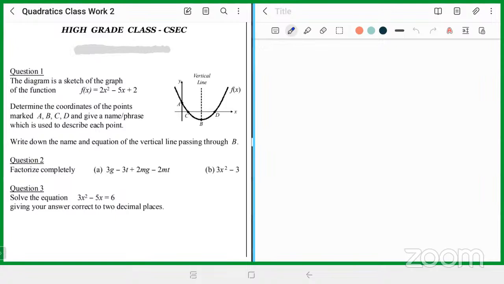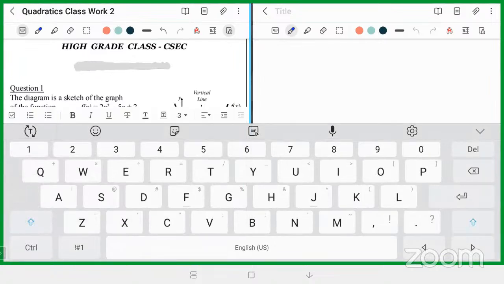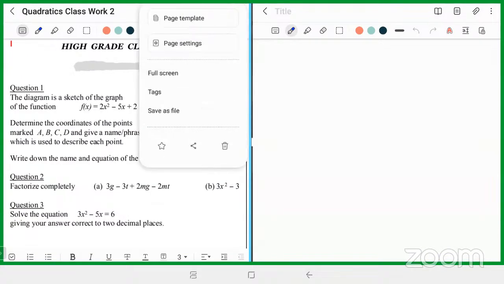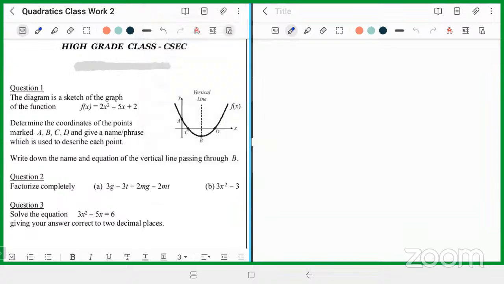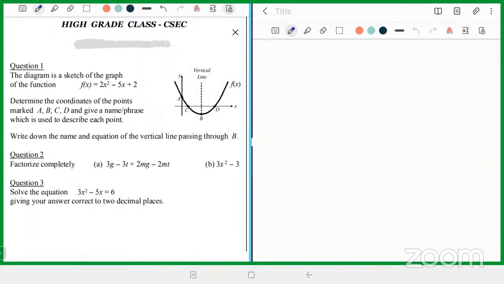All right, so in this question, we were given this graph. We are told that it is a sketch of the function f(x) = 2x² − 5x + 2.